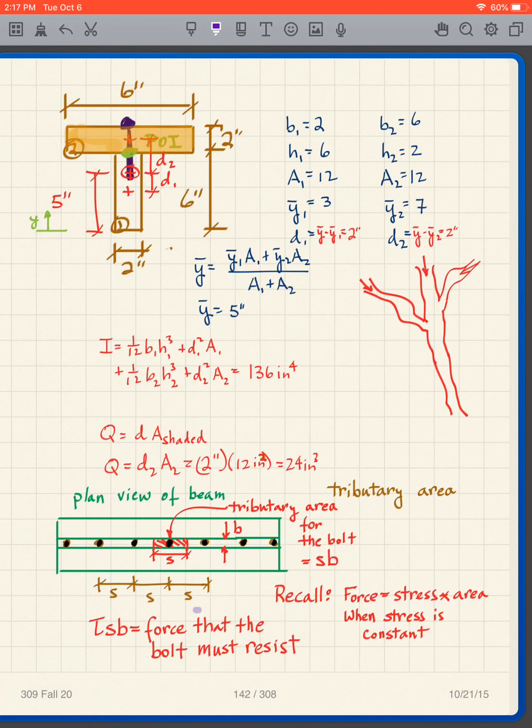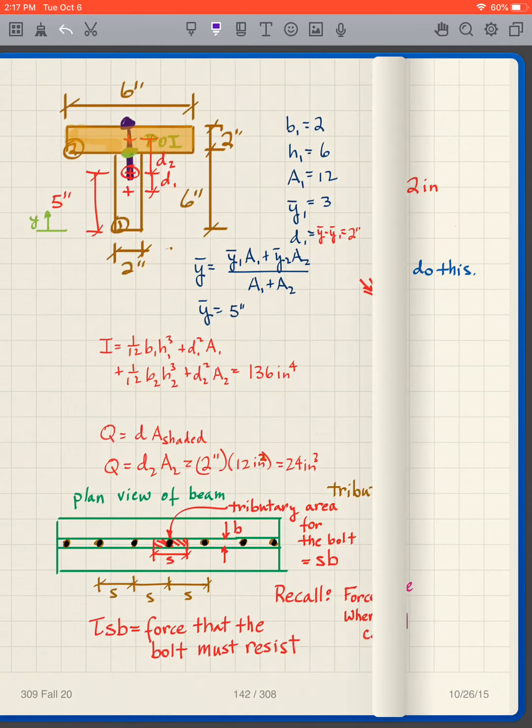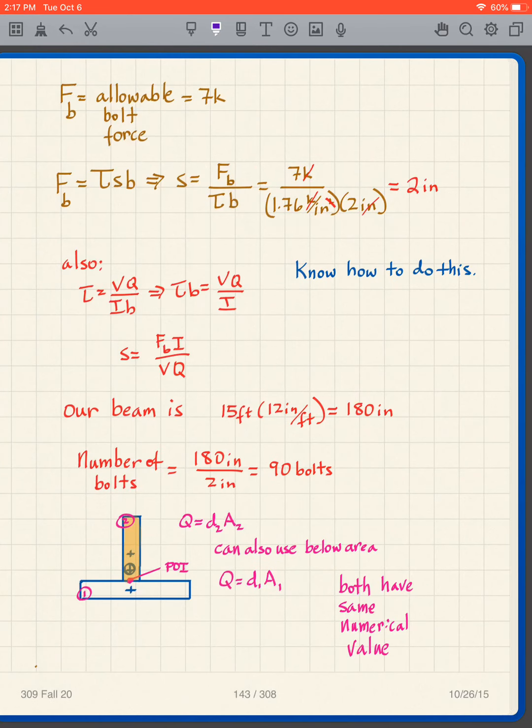And so what we find is that the force is stress times area, tau times the tributary area, tau SB. So tau SB is the force. The allowable force in the bolt we're given for this problem is 7 kips.